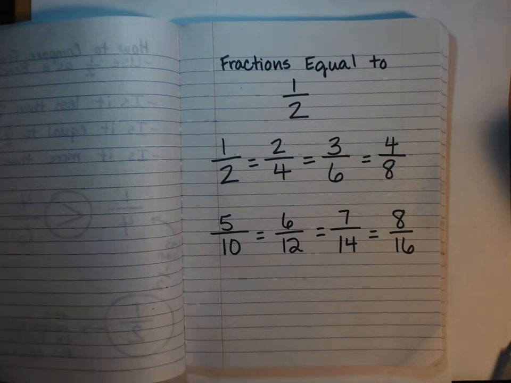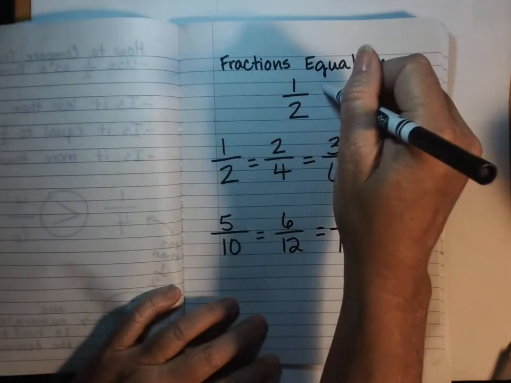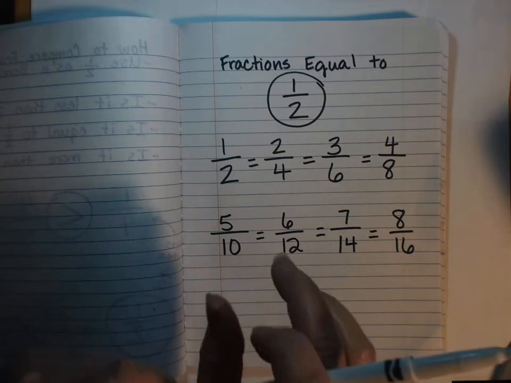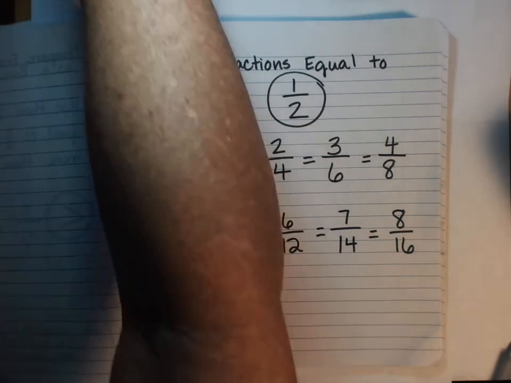Now, you will have fractions that don't have a denominator that's equal to 2, or that can be split in half, or is an even number. So what do you do in that situation? Well, let's say we have fifths.